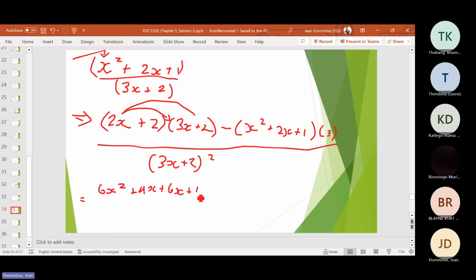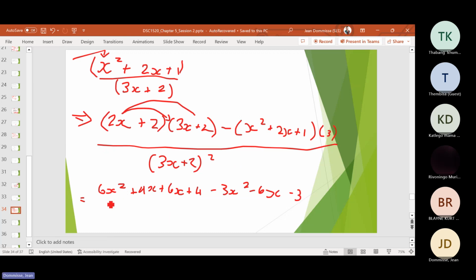That is plus 4. Here we're going to multiply by 3 and then subtract. So minus 3x squared, minus 3 times that is minus 6x minus 3.